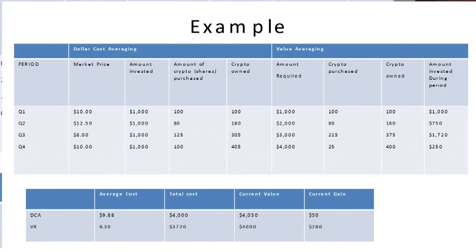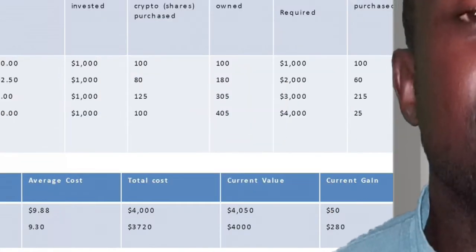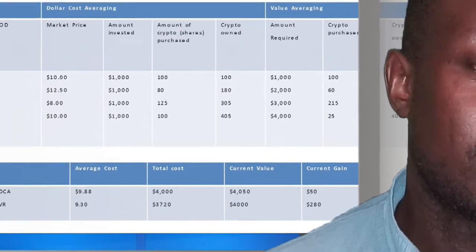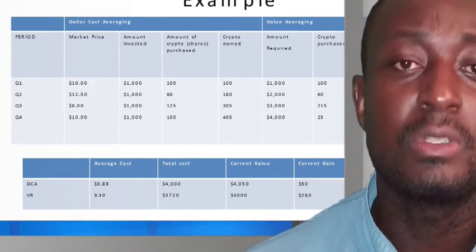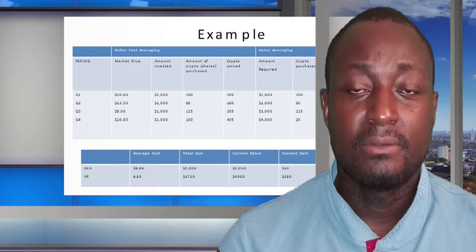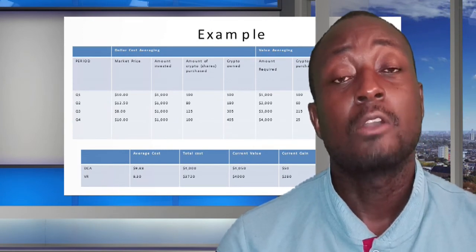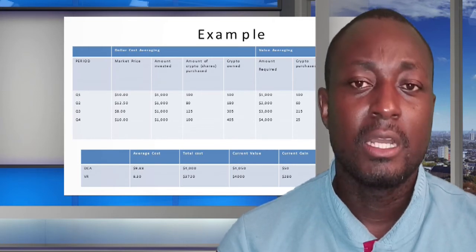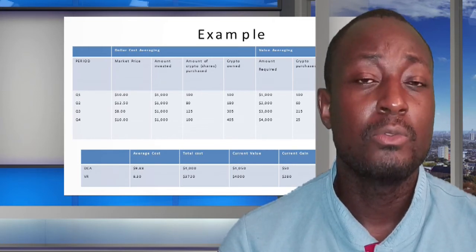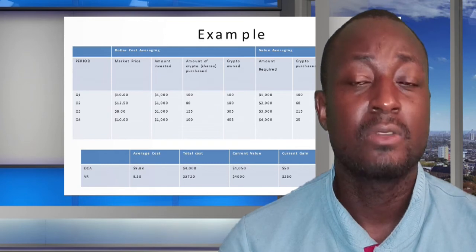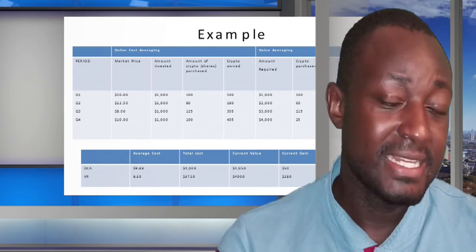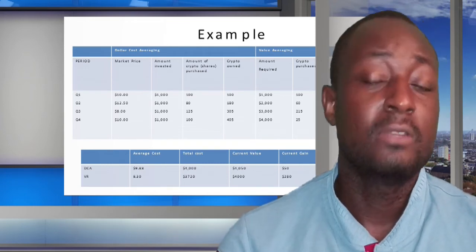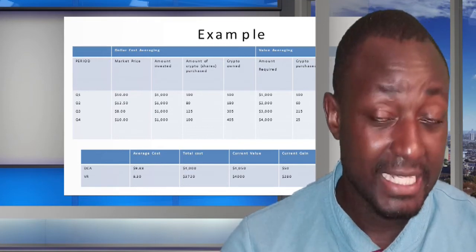In short, in conclusion, this is not financial advice. You can choose whichever investment strategy you prefer. Some people prefer using dollar cost averaging, others prefer using value averaging. However, according to research, some say that people who use value averaging actually gain more.